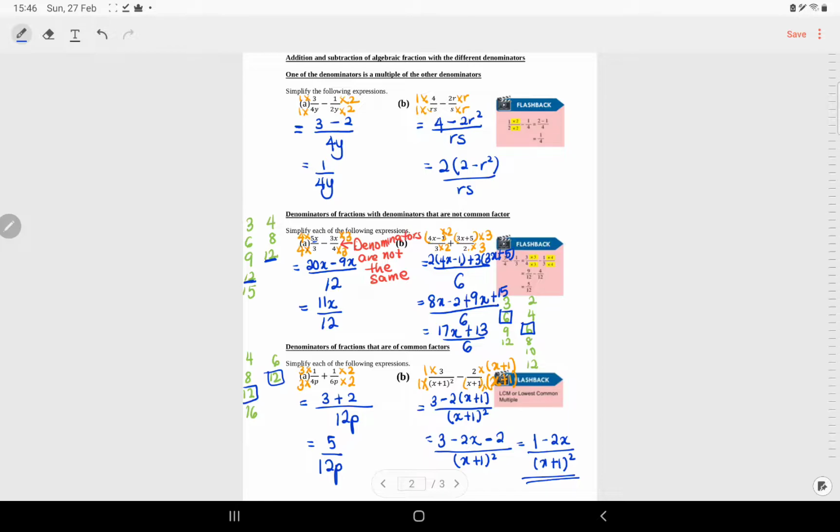We looked at how to get a common denominator by using the lowest common multiple, or you can use the easiest common denominator by taking the product of the two numbers. That is in the case of numbers. If it is not numbers, for example factors like this, the common denominator will be the one with the highest power.